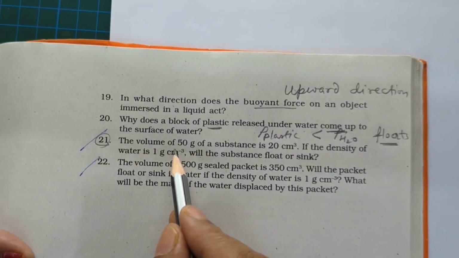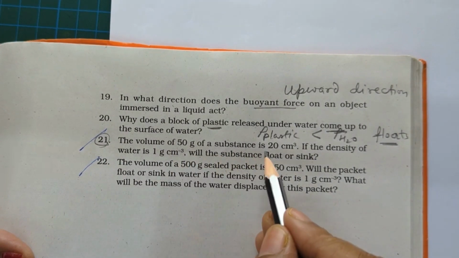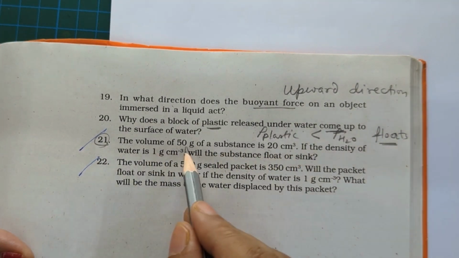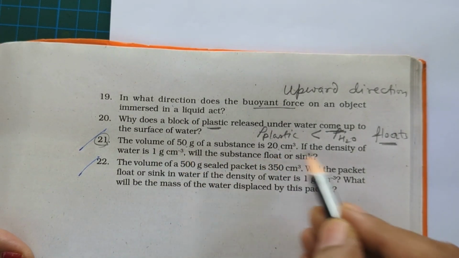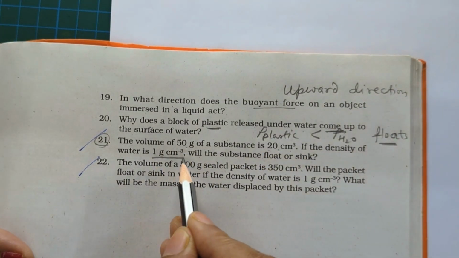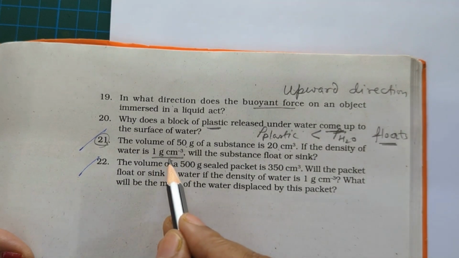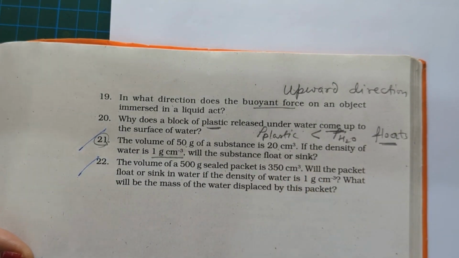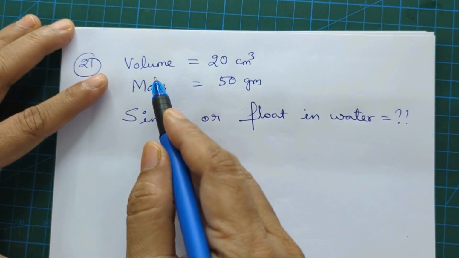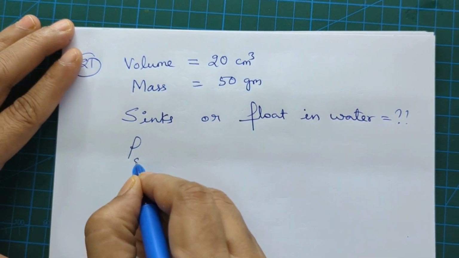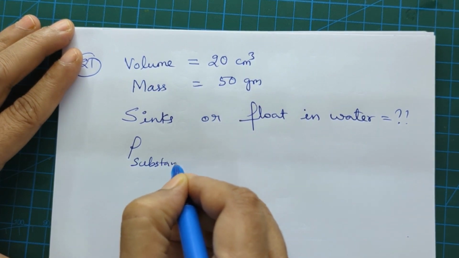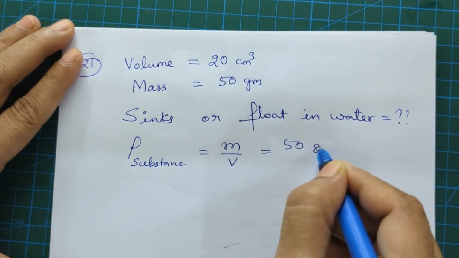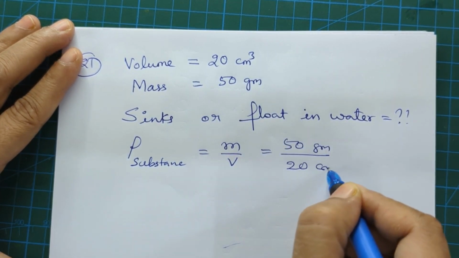21st question. 50 gram substance is 20 centimeter cube in volume. The volume of the 50 gram substance is 20 centimeter cube. Density of water is 1 gram per centimeter cube or 1000 kilograms per meter cube. We are supposed to tell whether the object is going to sink or float. So using mass and volume, let us find the density of the substance. Density of the substance is mass per volume, which is 50 grams divided by 20 centimeter cube.